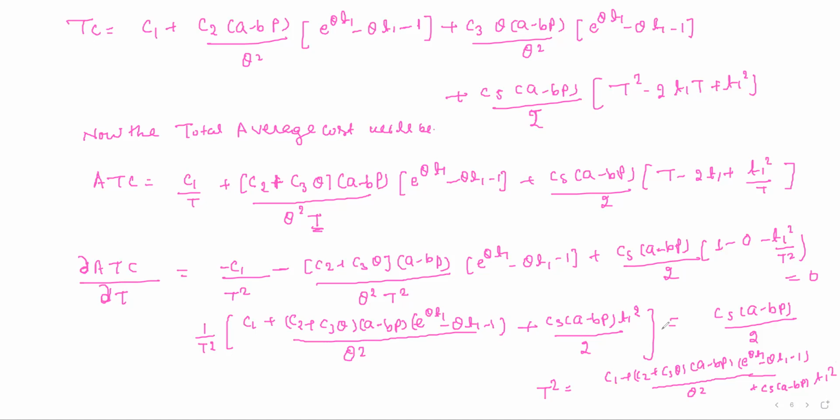And this 2 is multiplied with, so 2 and this is on upon Cs (A minus BP). So the value of T will be square root of all this.